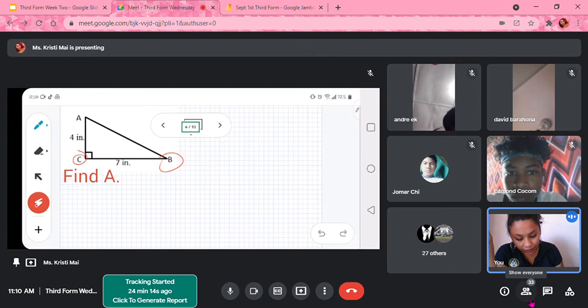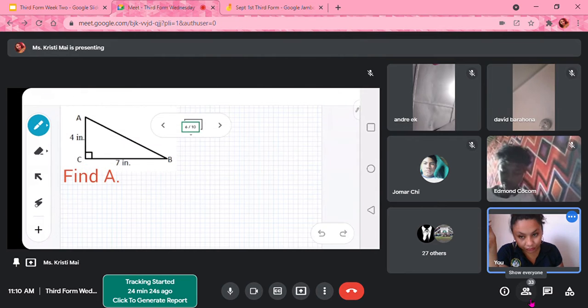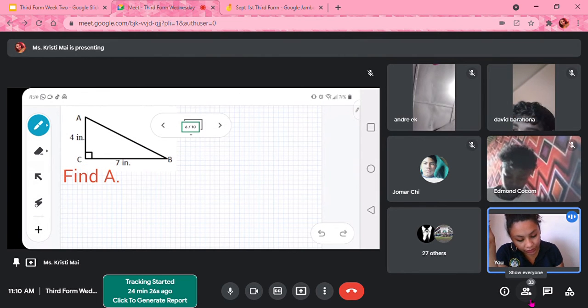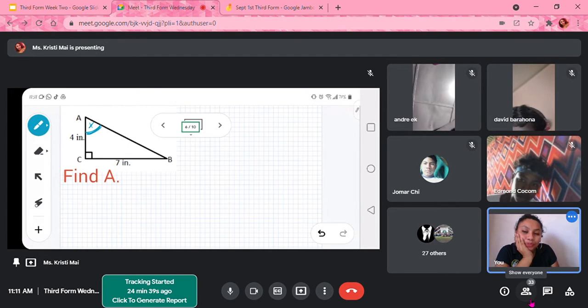So in this case, I am looking for this angle right here. So what I'm going to be doing is that I need to identify this one. I'm going to mark it here and I'm going to just put an X, all right? Because I don't know and that's what I'm looking for.